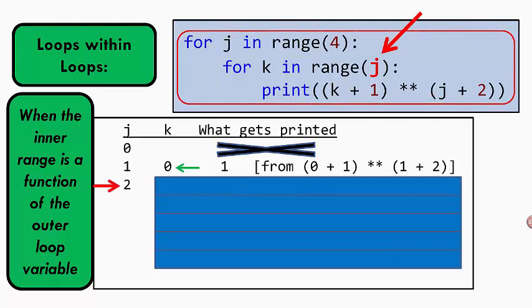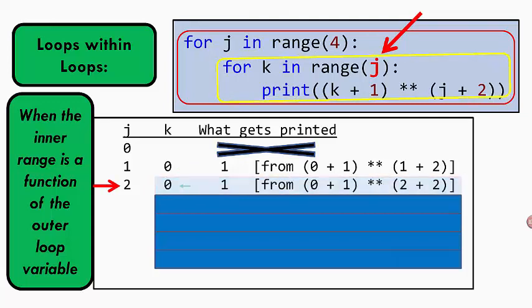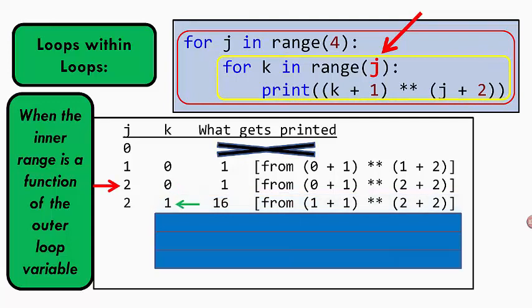Since j is 2, when we enter that yellow interior loop, k is going to run in range 2. It'll run 2 times, so k will be 0, and then k will be 1. Throughout all of this, whatever was printed was per j and k. So this time around, for example, j is 2, k is 1, and we printed 1 plus 1 raised to the 2 plus 2 power, which is 16.